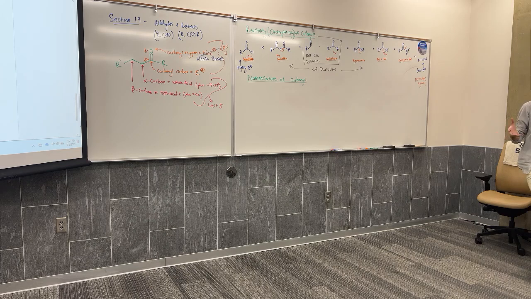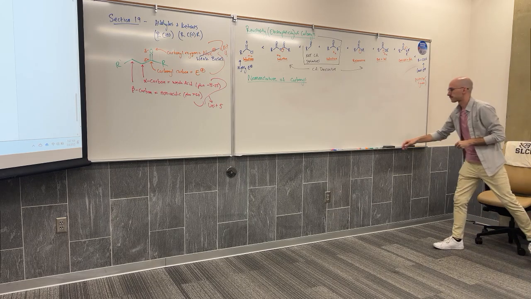Sections 20 and 21 kind of have their own reactions. Aldehydes and ketones do not do the same reactions that all of the carboxylic acid derivatives do. We kind of create these two sets of carbonyls: aldehydes and ketones, and carboxylic acid and the derivatives.